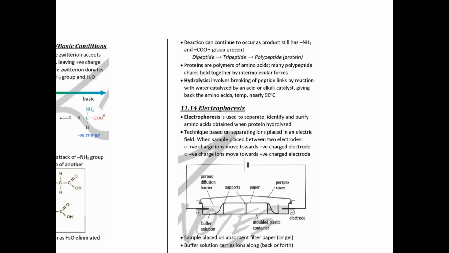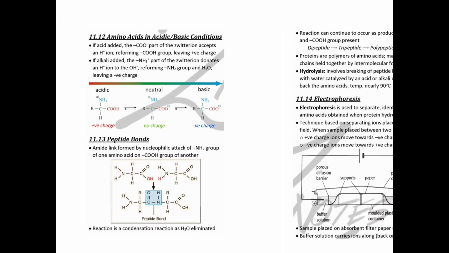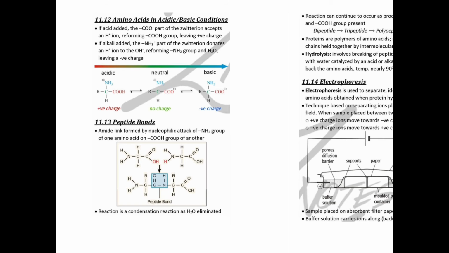Reactions can continue to occur as the products still have NH2 and COOH groups present. So what are they trying to say? Imagine, look at the picture. Once they form the dipeptide bond here, this left hand side is another amino group, the basic amino group that can further react with the COOH of another amino acid.